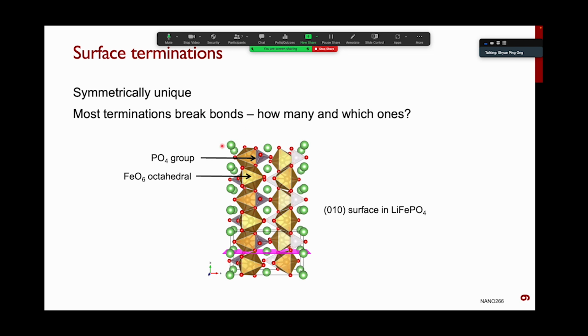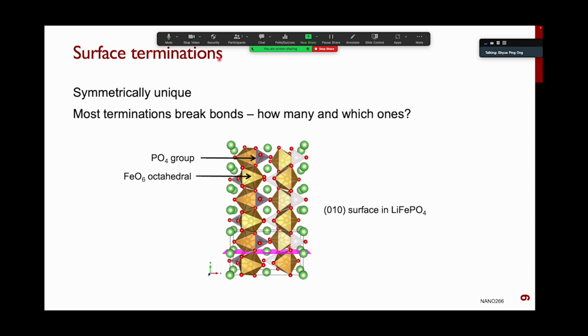You can think about, well, am I going to terminate the surface right here, at the edge of the crystal, or I can equivalently slice the surface at any point along this axis, right? So I can just keep slicing and slicing, and all these will create different terminations for my 010 surface of lithium iron phosphate.